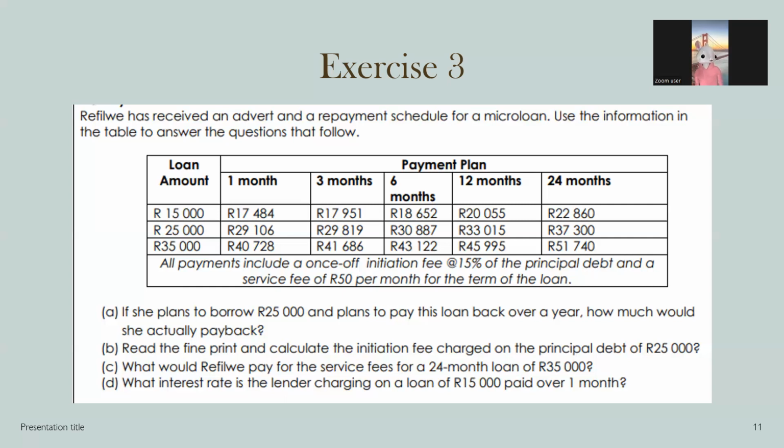So you ask, do I understand the question? Refuelway has received an advert and a repayment schedule for a micro loan. I break the words up to make me understand. So this is a repayment schedule, and then you ask yourself, what do you understand by a repayment schedule? In your mind, what comes to mind?